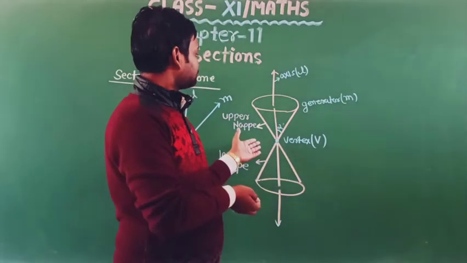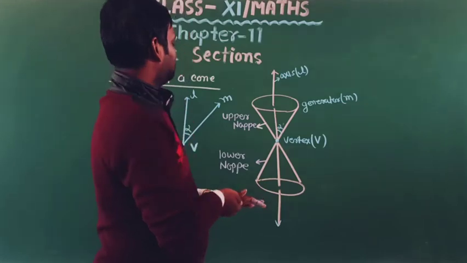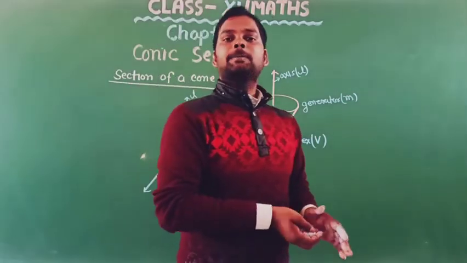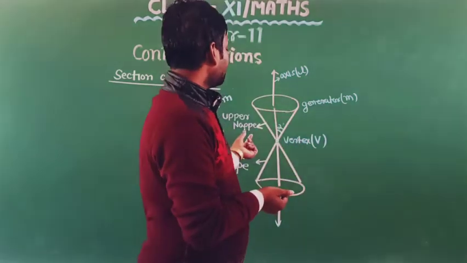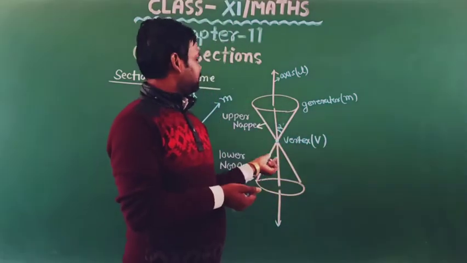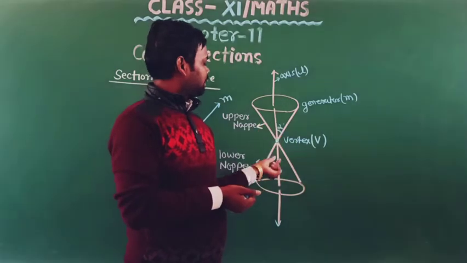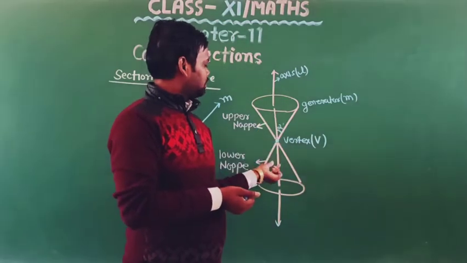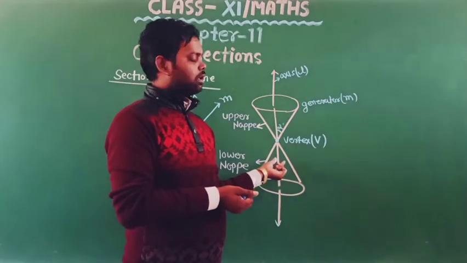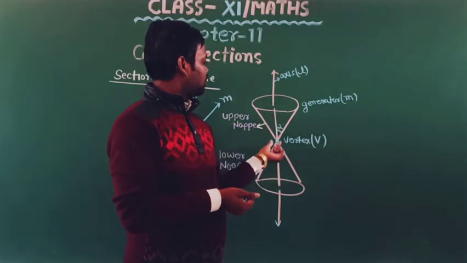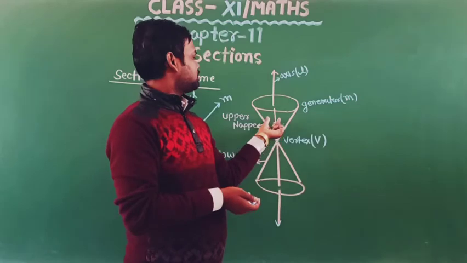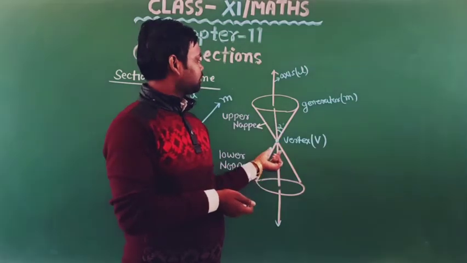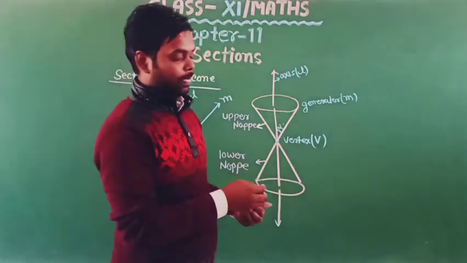Now take a plane and intersect the plane with the napes of the double hollow cone. So different sections are obtained.